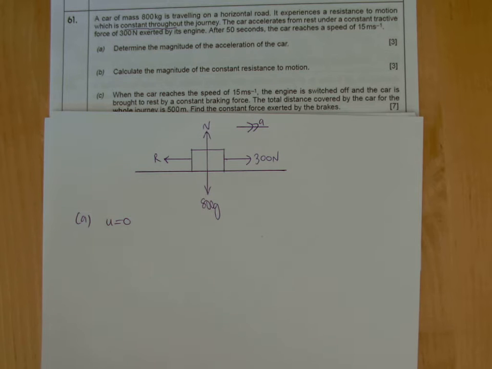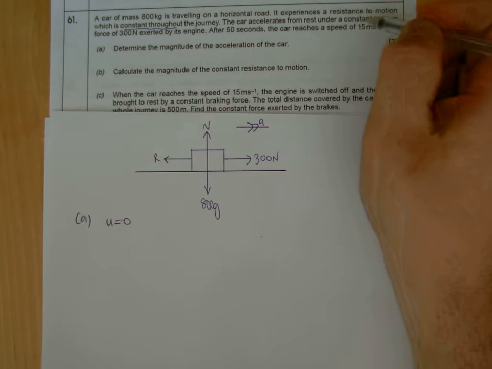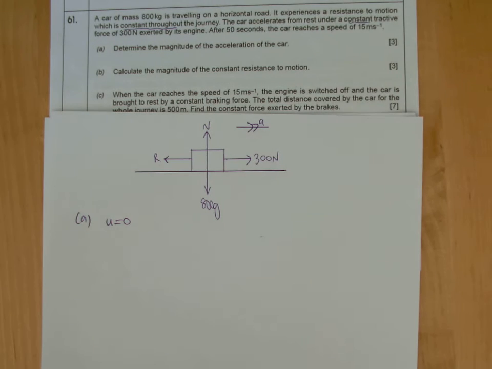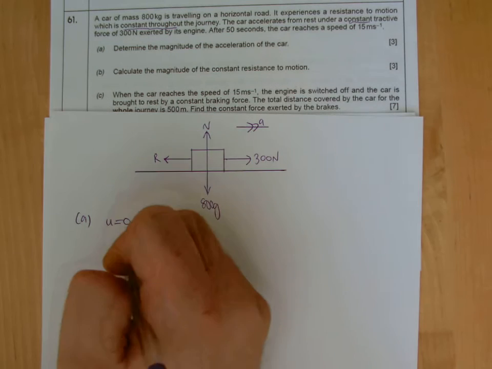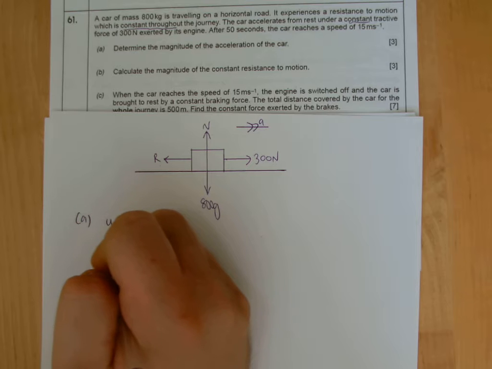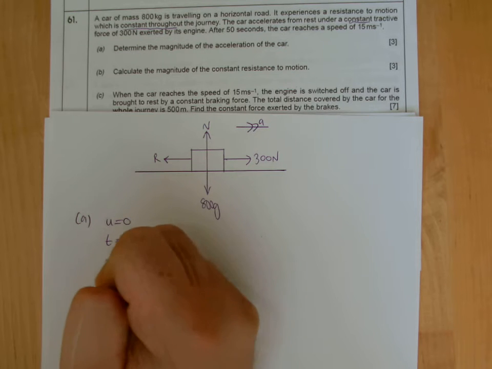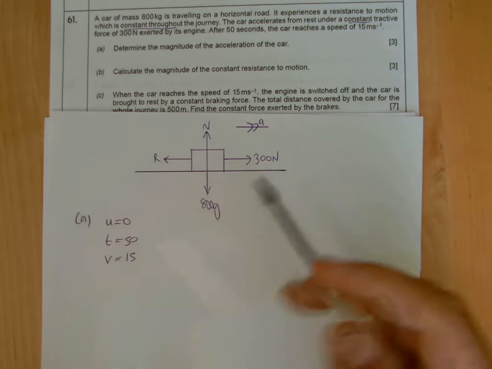That's what it means by tractive. It's constant again, it doesn't change, it stays at 300. After 50 seconds, the car reaches a speed of 15. So when t equals 50, we get v equals 15.